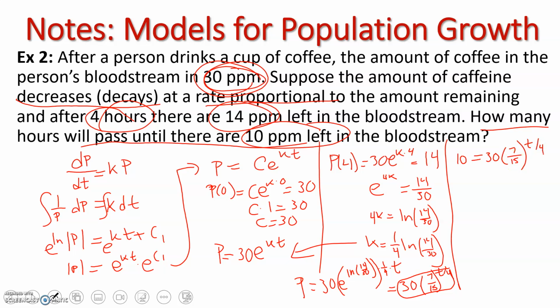So let's divide both sides by 30. So we get 1/3 is 7 over 15 to the power of t over 4. Let's get rid of this base. So let's ln both sides. So ln of 1/3, ln of the right-hand side, so the power comes out front.